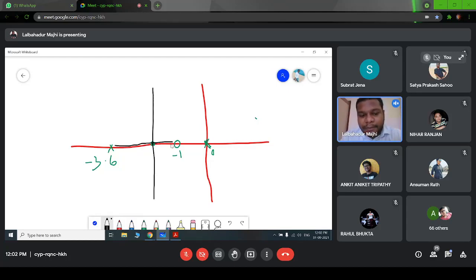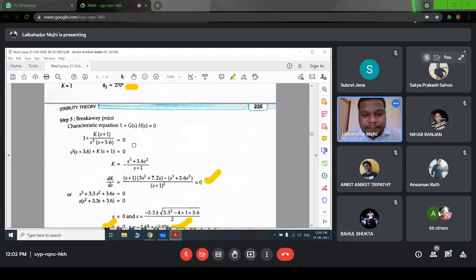One root locus branch will start from this open loop pole and terminate on this open loop zero. The direction will be this one, because the root locus branch is moving from this minus 3.6 to this minus 1. And we have determined the breakaway point.